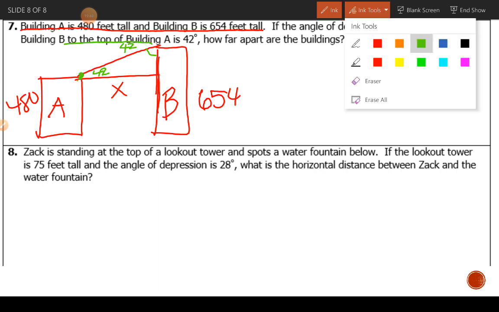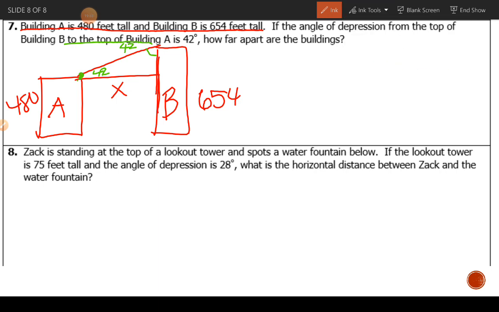All right. So the problem is we don't have a height for right here. We do though. What we're going to do is take these two numbers and subtract them. We're going to take 654, we're going to subtract 480. Okay, when we do that, we get 174.